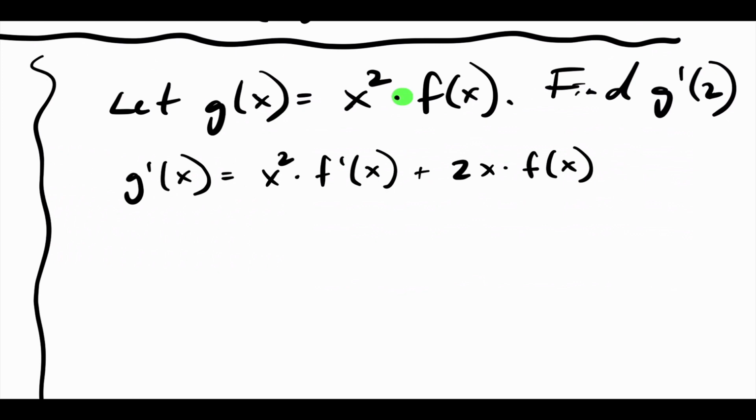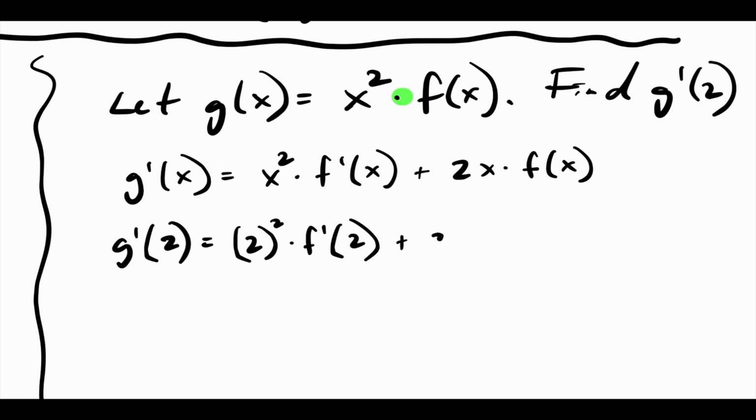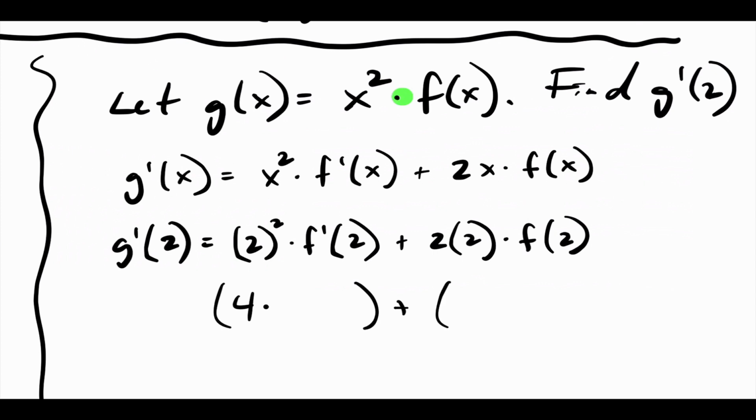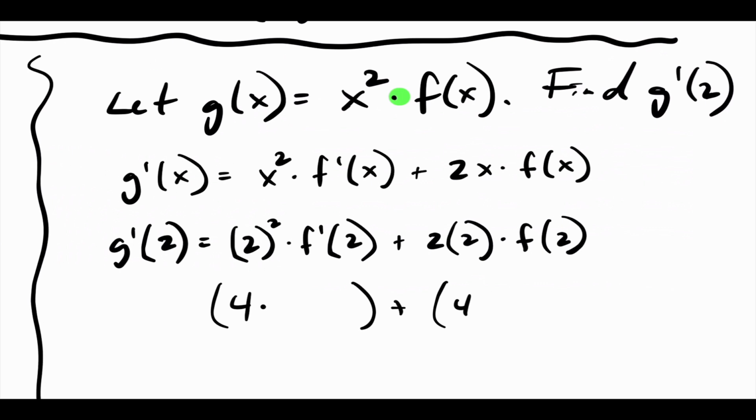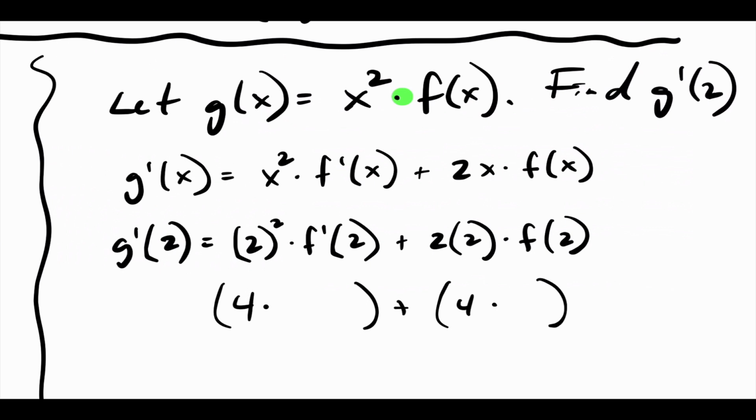This one we're not going to be able to finish because you need integration to do this. But if I plug in, watch, I get 4 times this, and then 4 times this.